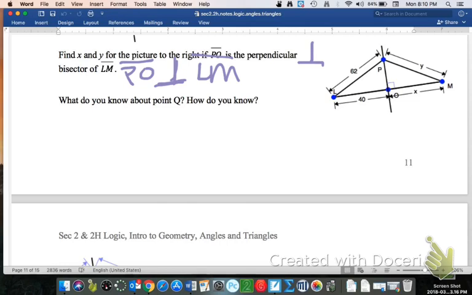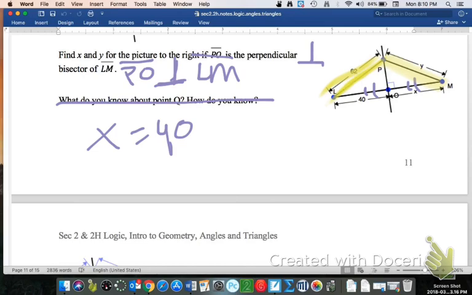So we know it's the perpendicular bisector, which means we now know that these two things are equal. So then we can say x equals 40, because we know LO and OM are congruent because it's the bisector. Now, the other thing that we know about a perpendicular bisector is that when you have a point P on the perpendicular bisector, it's congruent from the point to the end point.